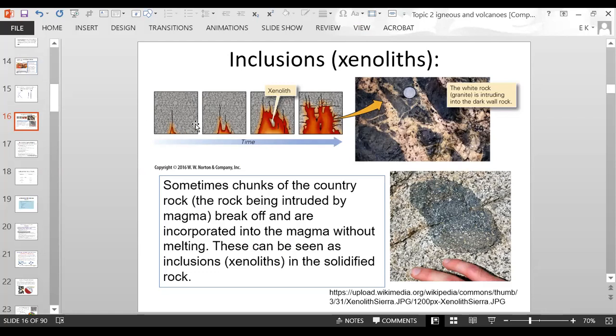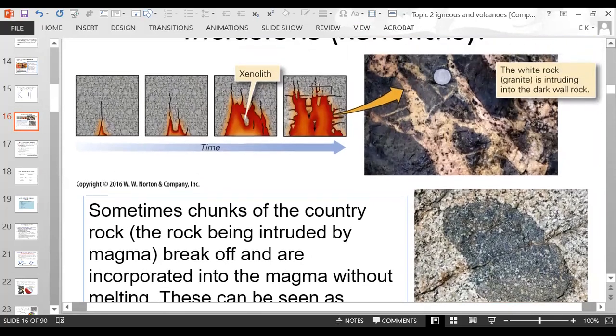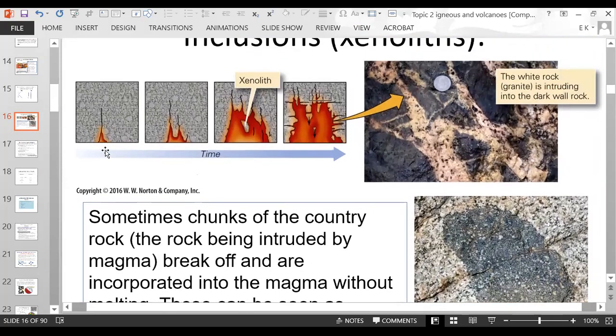So here's just a diagram of the country rock, the grayish part in this diagram. Okay, so here's the magma seeping upward. And then this piece of the country rock breaks off and gets incorporated into the magma.